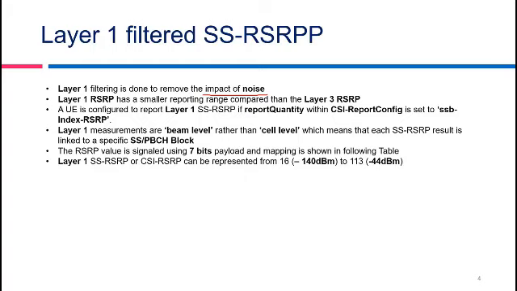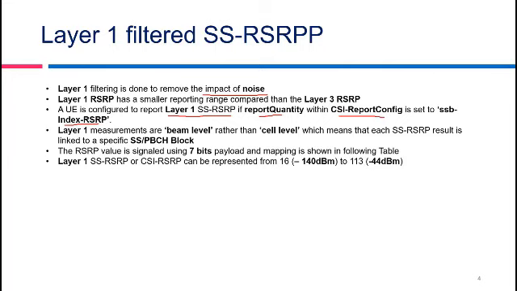When a UE is reporting layer 1 SS-RSRP, the report quantity within the CSI report config is set to SSB index RSRP. Why is it set to SSB index RSRP?